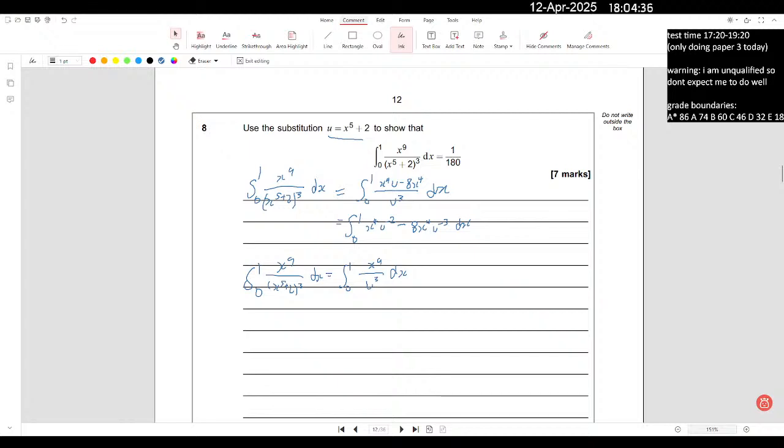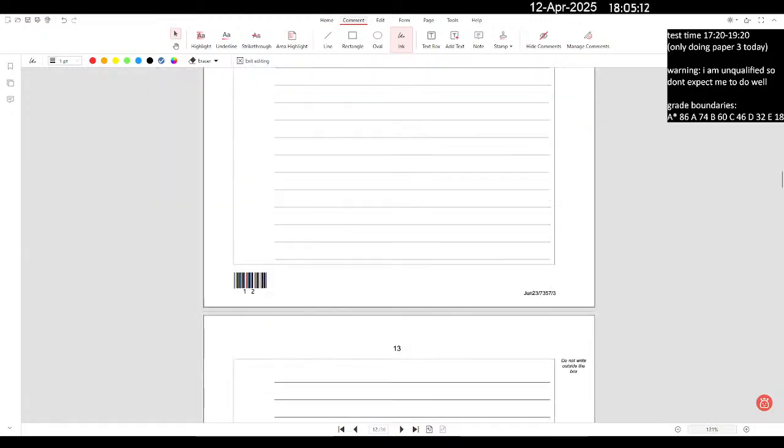Because I don't know how to do that either. There's a formula for that, right? Shouldn't it be in the formula list somewhere? Okay, I'm not gonna have time for that. Honestly, I'm not gonna have time for that. That's the issue. So I'm gonna move on.